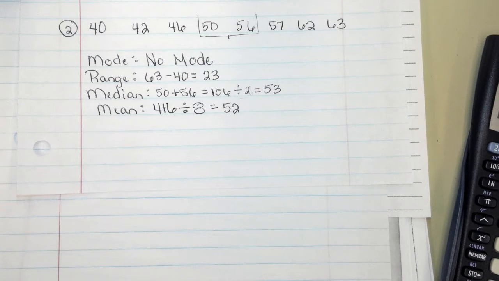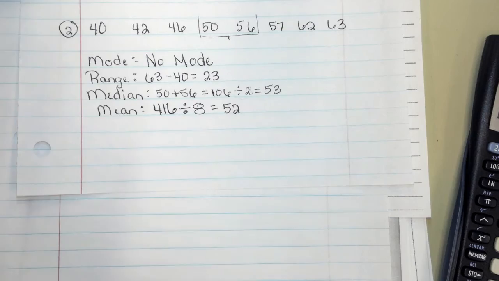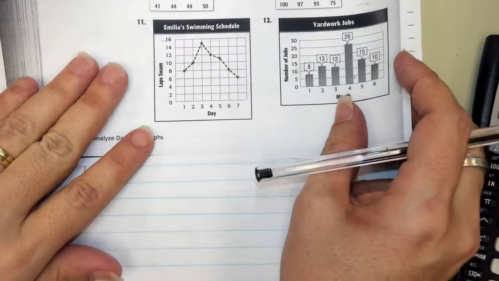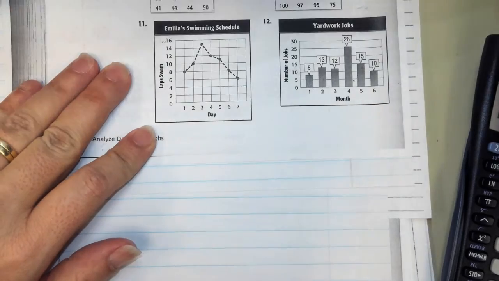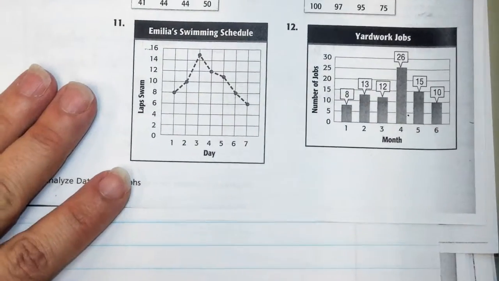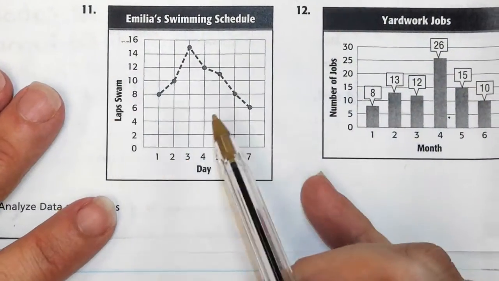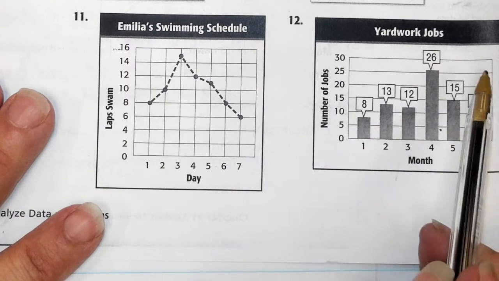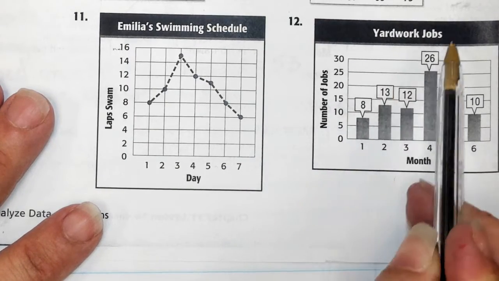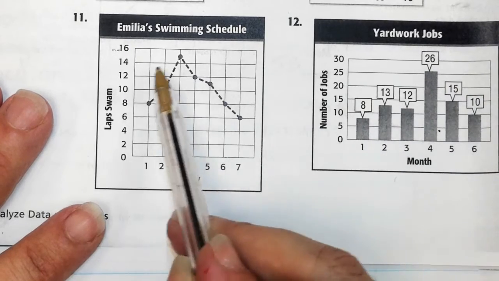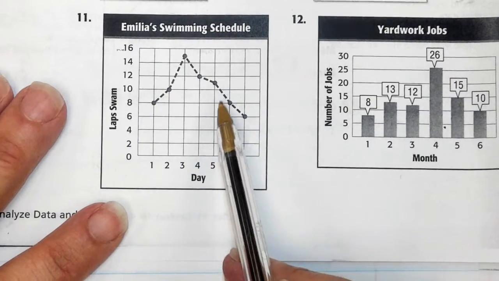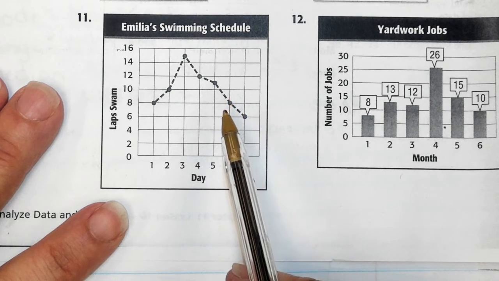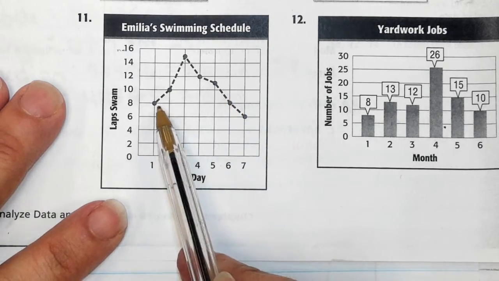Oh, let me show you one thing real quick while I'm thinking about it. Look at, real quick, the bottom of your worksheet. Because I don't want to run out of time and not talk about this. Please notice something when looking at graphs. These are easy because they give you the numbers right there that they want you to work with. But where are the numbers in number 11? Be careful.